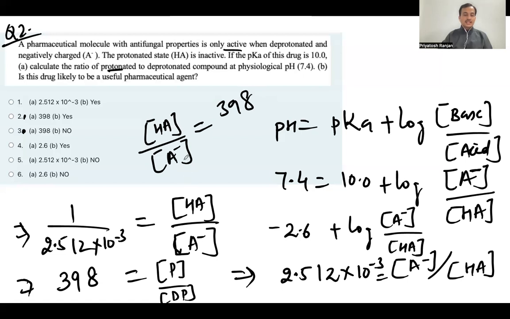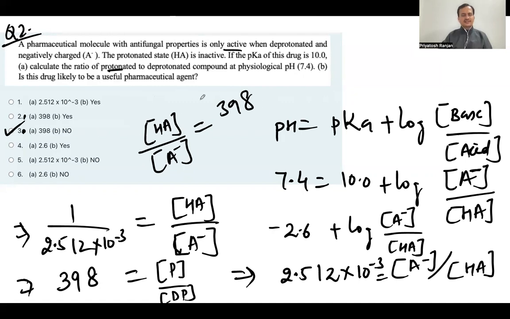The value of the deprotonated or negatively charged form is very low. Is this drug likely to be a useful pharmaceutical agent at this pH? No. So the correct answer is going to be 398 and no.